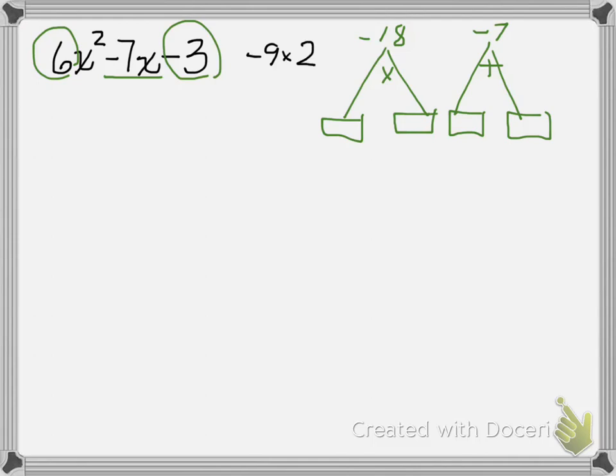If you multiply a negative 9 times a positive 2, you get a negative 18. And if you add a negative 9 plus 2, you get the negative 7. So negative 9 and a positive 2 is what's going to work.